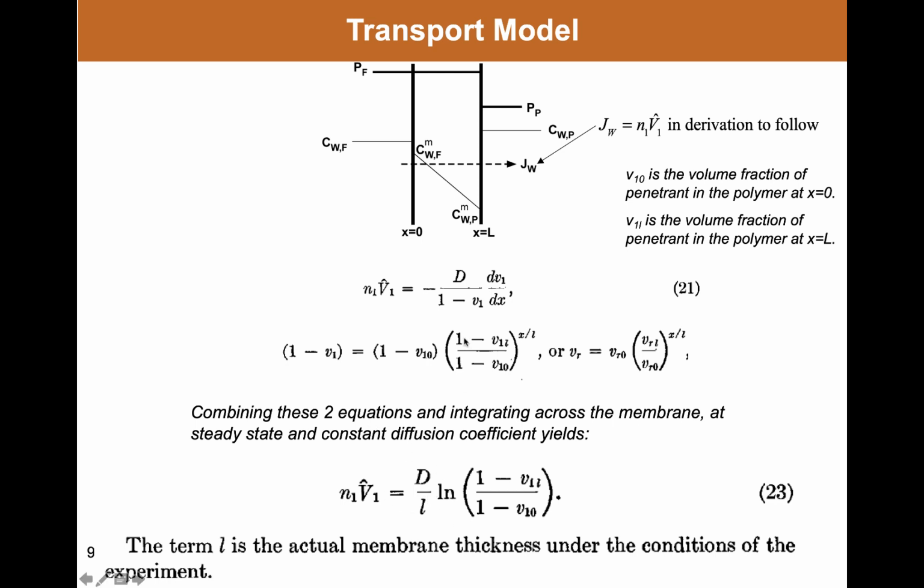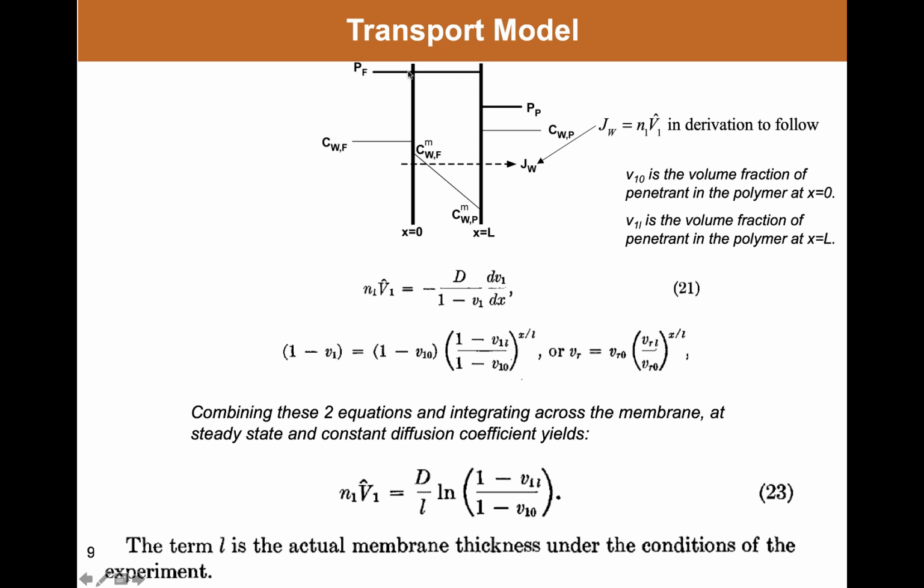And you would imagine that the flux should be inversely proportional to the thickness of the membrane. The thicker the membrane, the lower the flux; the higher the diffusion coefficient, the higher the flux, and so forth. The trick here is that in systems that swell enormously with solvent, like Paul's case and some of the others we looked at, the sample is mainly solvent at the conditions of interest.